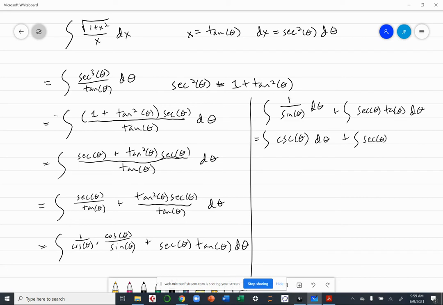Okay, finally. So we're finally at a place where we can do some actual integration.